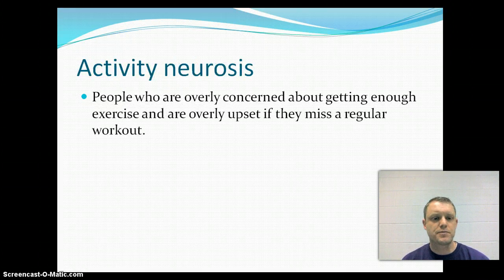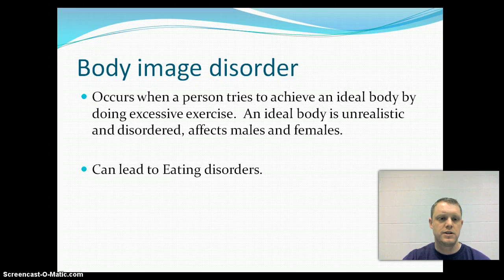Activity neurosis. This is people who are overly concerned about getting enough exercise and become blatantly upset when they miss a workout, which is a negative effect on the individual themselves. Which leads to body image disorder.